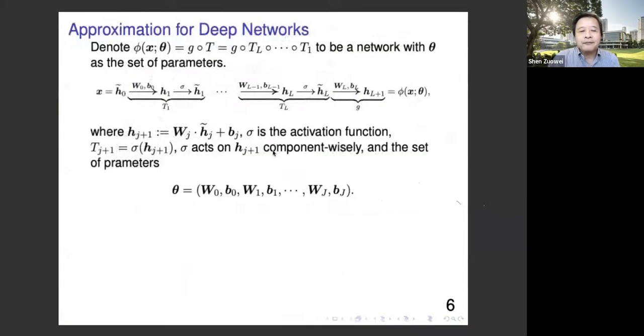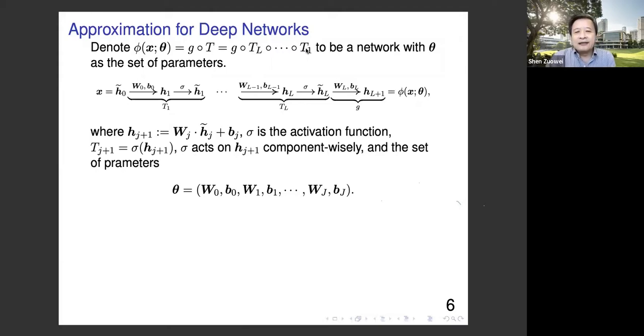Now, what is deep learning, a deep neural network, in terms of mathematics? The mathematics of a deep neural network is very simple. Your phi is parameterized, in a parameter space, and T can be decomposed into L layers.